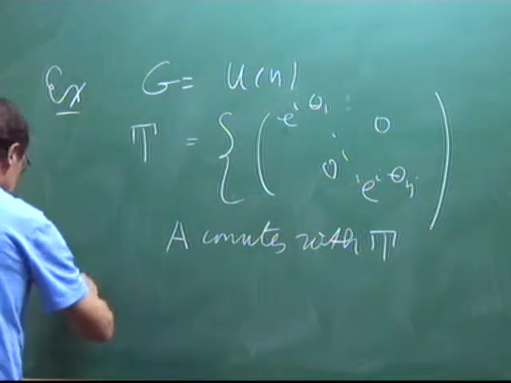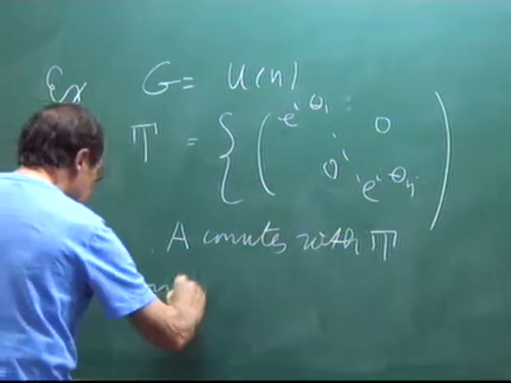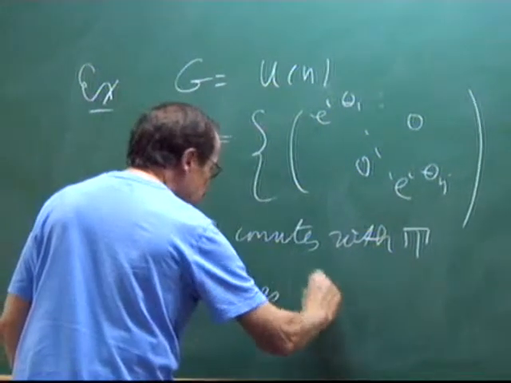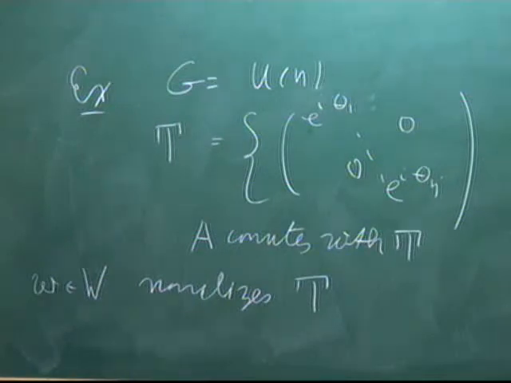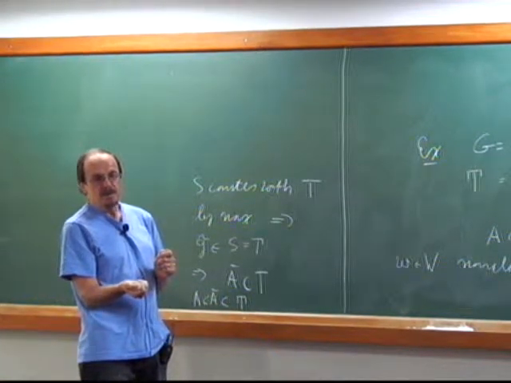What is W? This normalizes the maximal torus. Instead of commuting with it, it normalizes it. What does that mean? If a matrix normalizes another matrix as opposed to commuting with it, what can it still do?